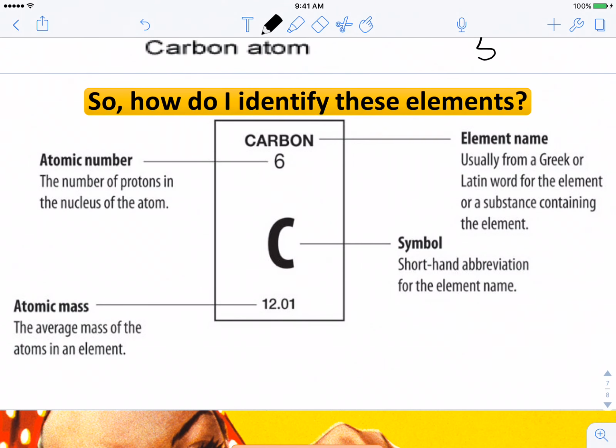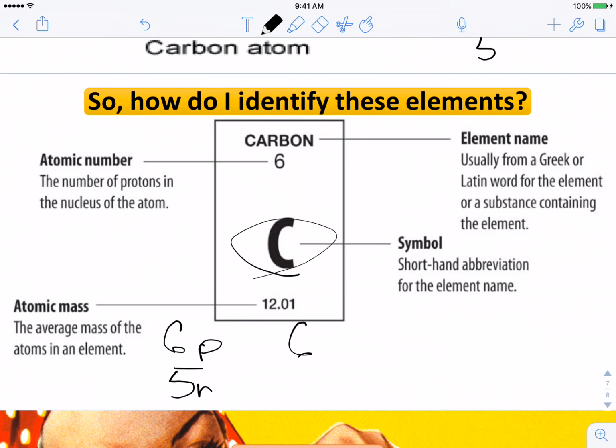And then, how do we read one of these boxes that we see in a periodic table, okay? So the atomic mass number is the average mass of the atoms in the element. All carbons will have 6 protons, but some might have 6 protons and 5 neutrons.